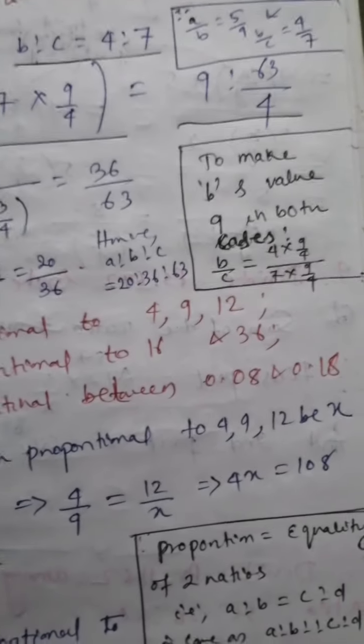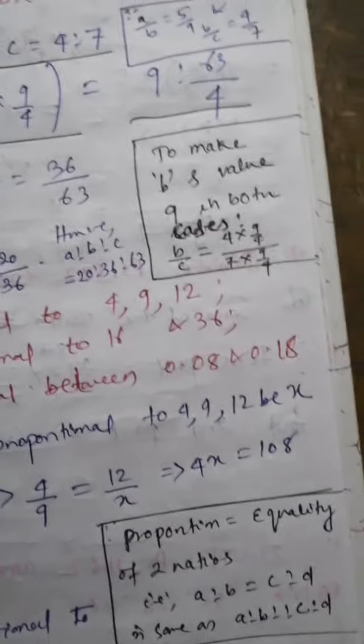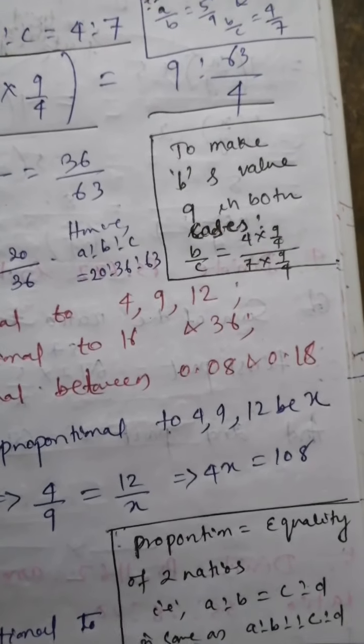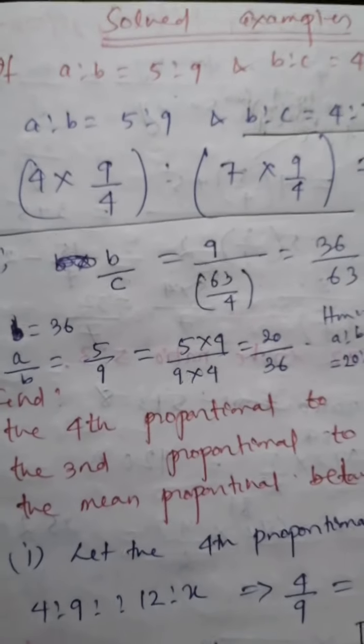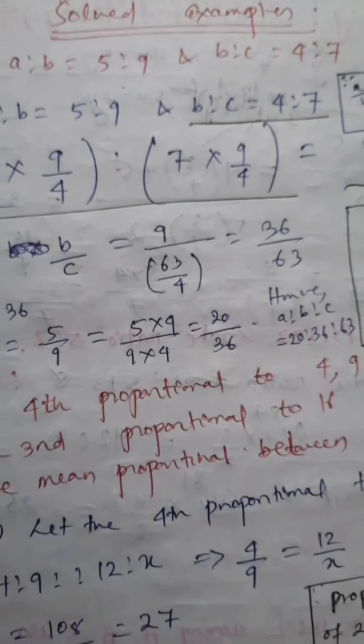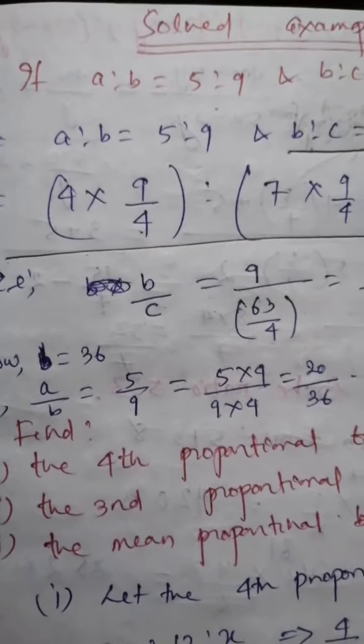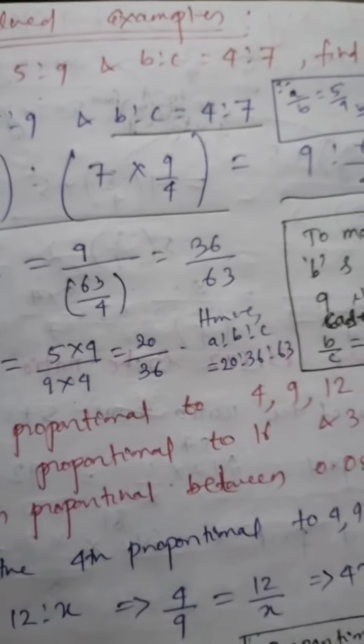The simple approach here is to make B's value 9 in both cases. In the first ratio the value of B is 9, and in the second ratio the value of B is 4.